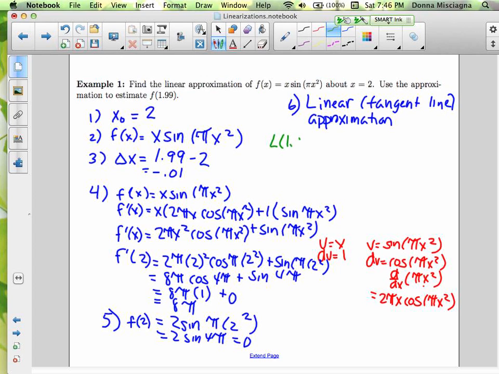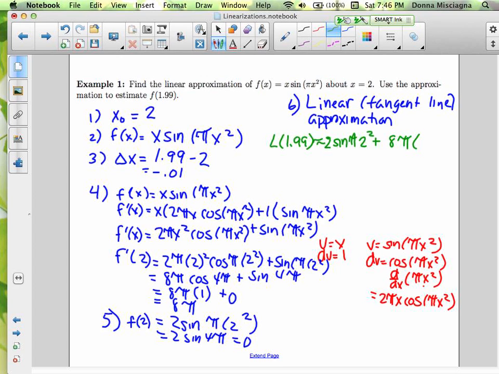So we are approximating 1.99. That's going to be what we get when we evaluate at 2. This first part was just 2 sine pi 2 squared, and then plus the value we got for the derivative, which was 8 pi, times the change in x. Let's change that to a fraction because it's easier for me to deal with.